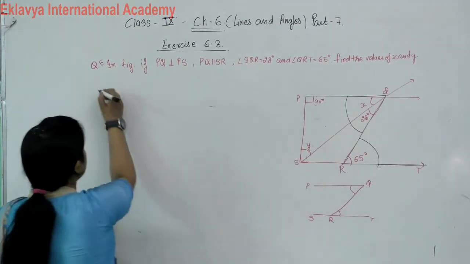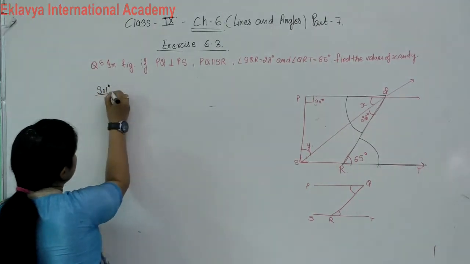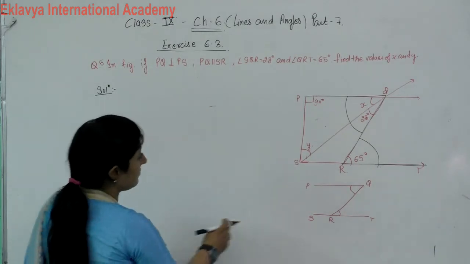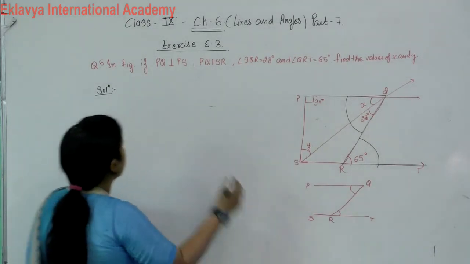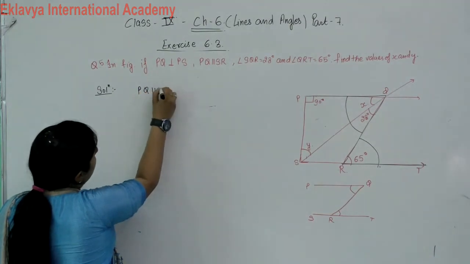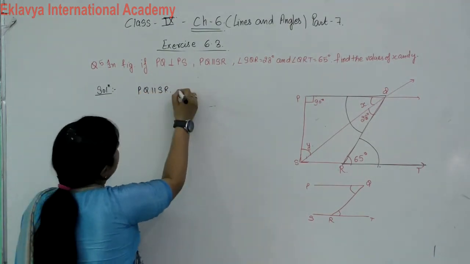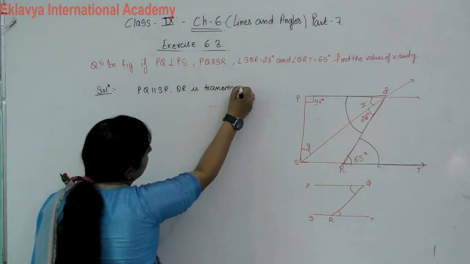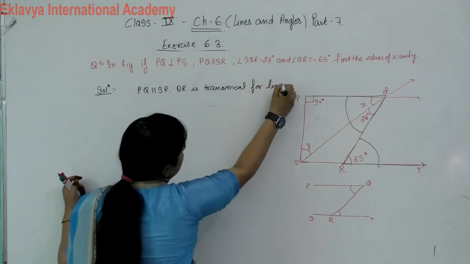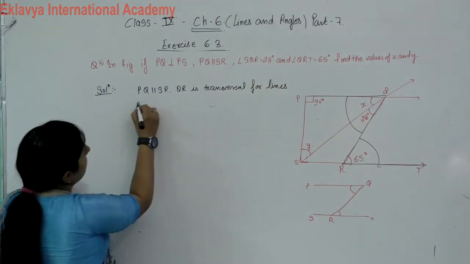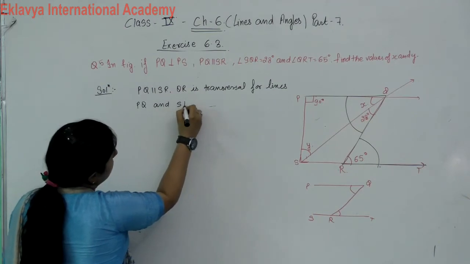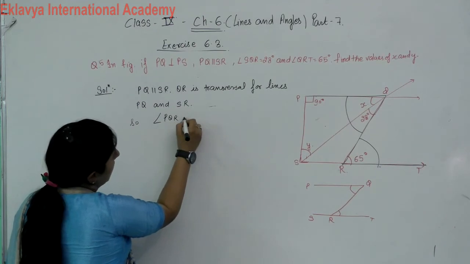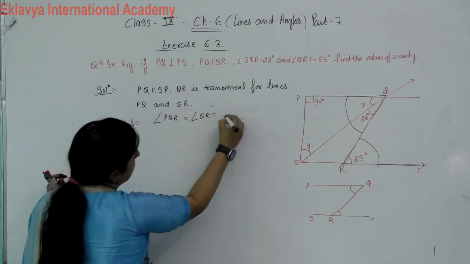Now see the solution. In the solution we firstly write PQ parallel to SR, then QR is the transversal for lines PQ and SR. So angle PQR is equal to angle QRT.